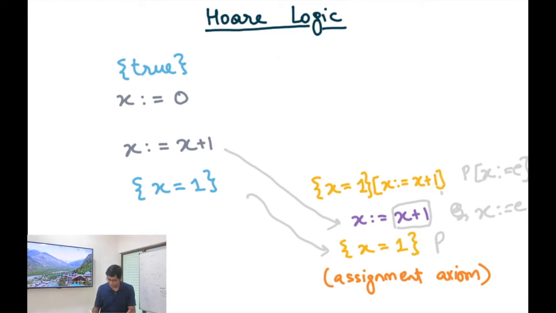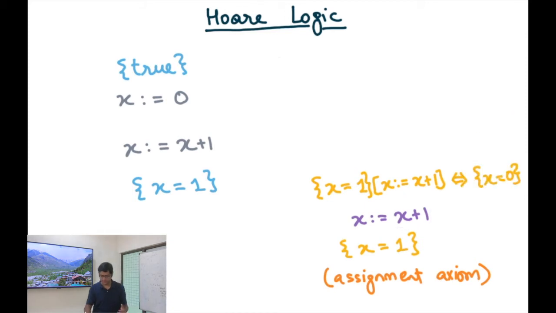Now if I simplify this, x equals 1 where x has been replaced with x plus 1 just becomes x plus 1 equals 1, because after I substitute x by x plus 1, I get x plus 1 equals 1, and that means x equals 0.